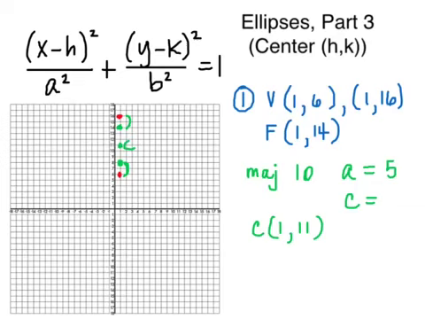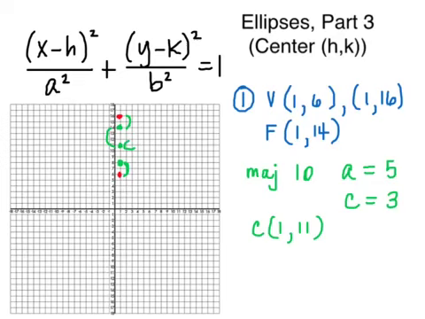So what that means is the c value, which is the distance between the focus and the center, would be 3 units. So again, this isn't about memorizing a bunch of formulas. It's really about counting and just using logic and the definitions of what a, b, and c represent to help you figure out what the a, b, and c values are, which will then give you your equation.